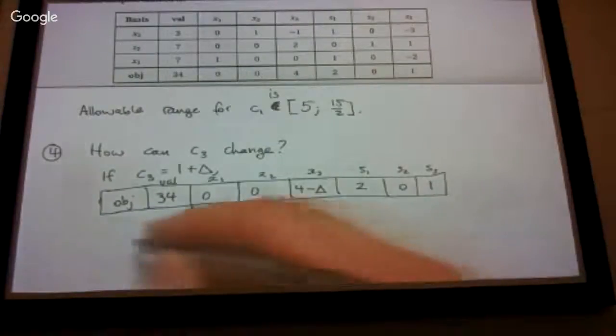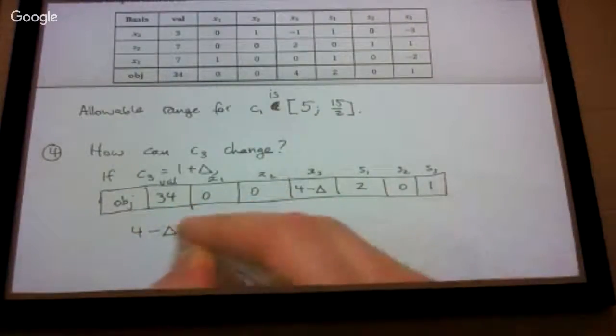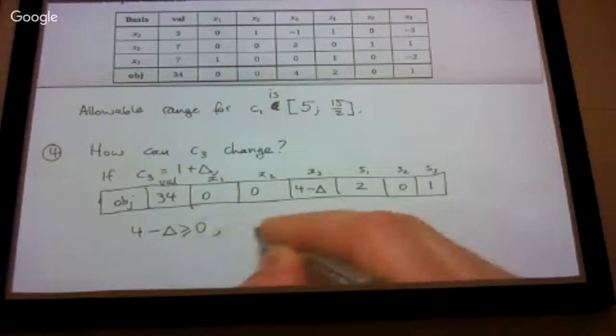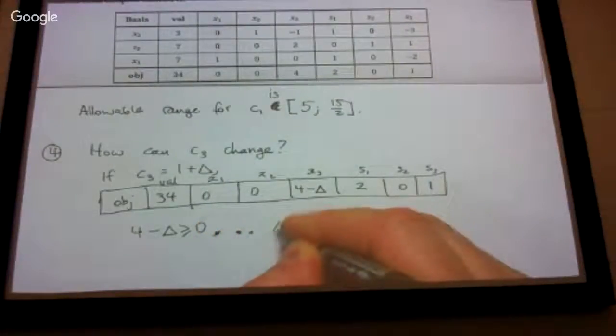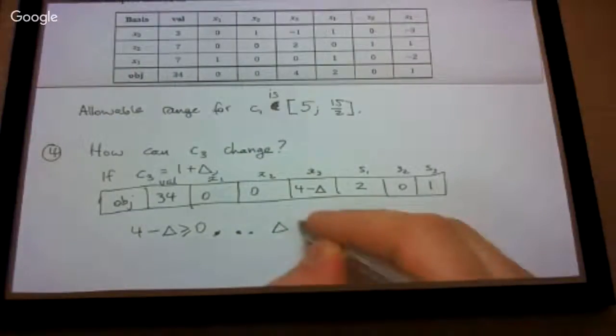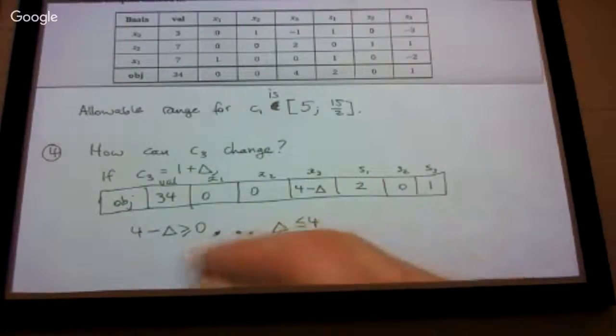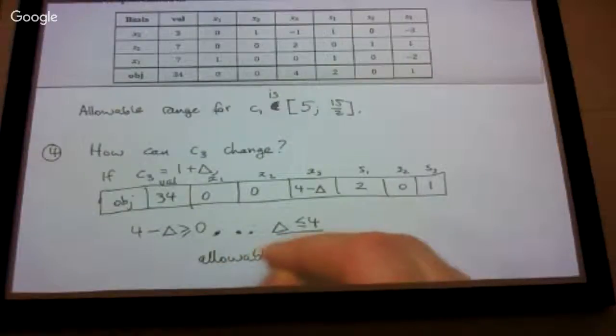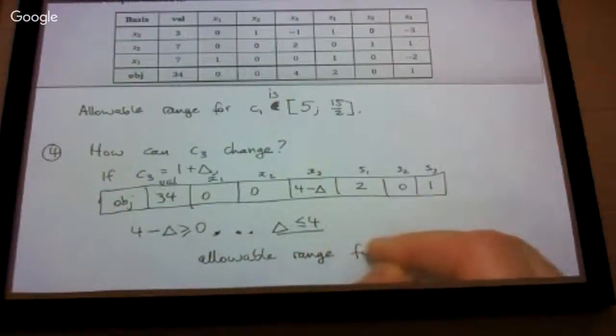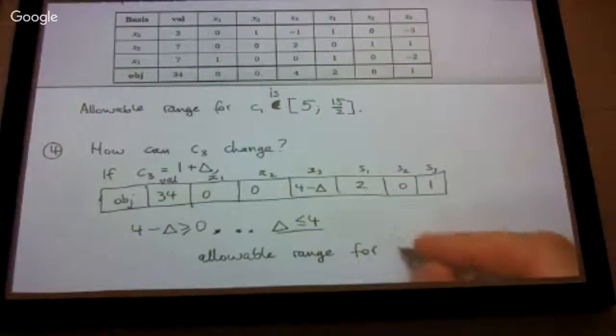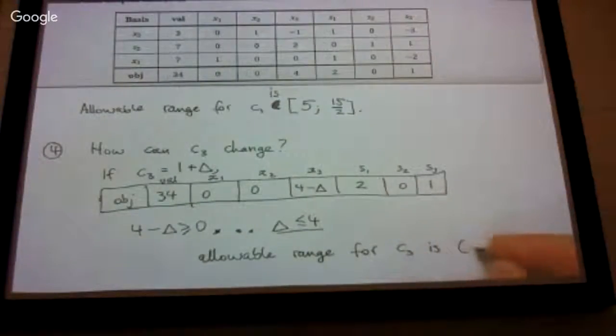So we want 4 minus delta greater than or equal to 0, which means delta less than or equal to 4. So the allowable range for C3 is, well, there's no lower bound on it, and the upper bound is 4 plus 1, so that's fine.